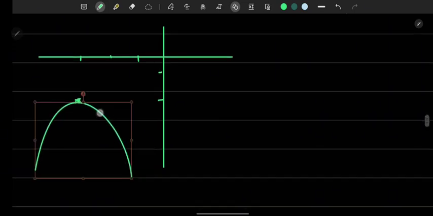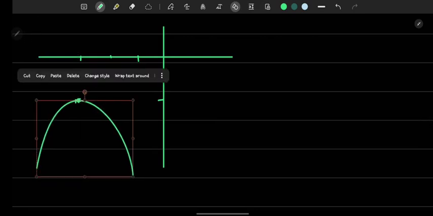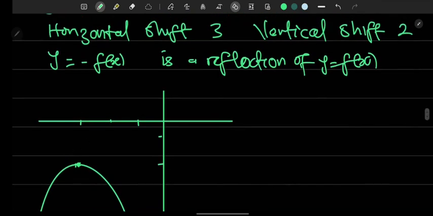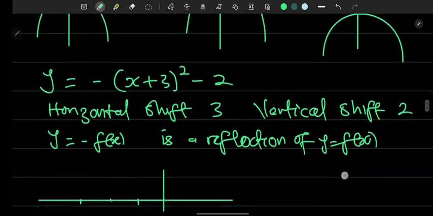So this is the graph of that function, where the vertex is minus 3 comma minus 2.